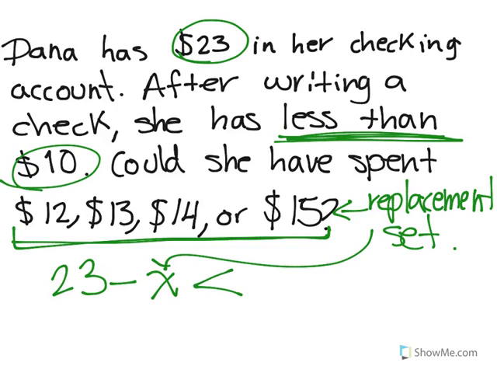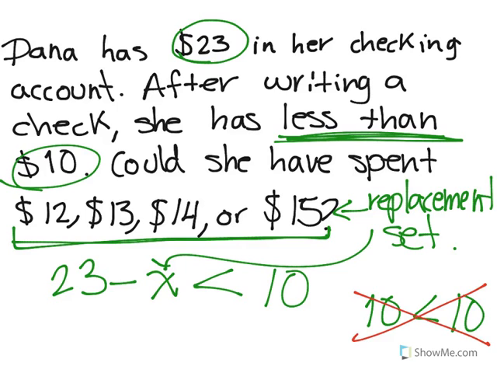This means that this is less than $10. Something to keep in mind is that 10 is not less than 10. So if 23 minus x were to give you 10, then this statement would be false.